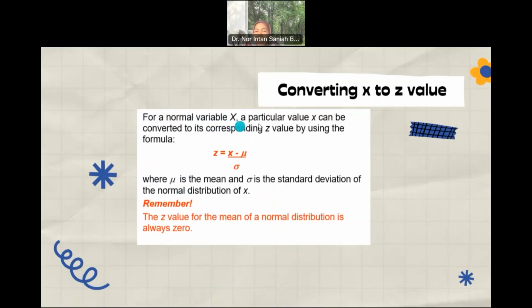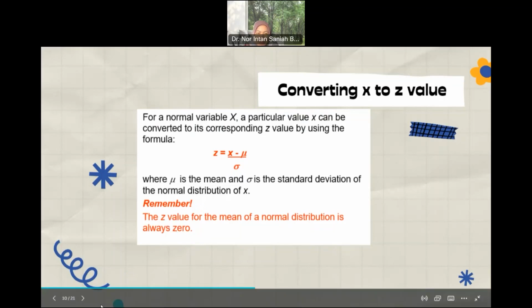A particular value x can be converted to its corresponding z value by using this formula. You can see the formula involves mu and the standard deviation. However, you must remember the z value for the mean of a normal distribution is always 0. Okay, always 0.